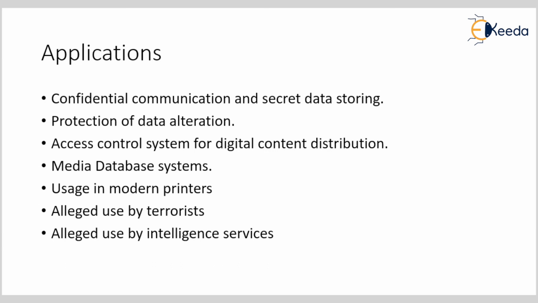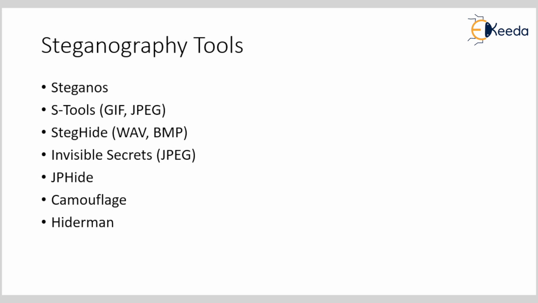And these are some of the steganography tools: Steganos, S-Tools for GIF and JPEG, Steghide for WAV and BMP, Invisible Secrets, which uses compression techniques for JPEG again, JPHide, Camouflage, and Hindermann. So these are the different steganography tools. If you are very keen on learning about these tools, you can Google them and get an idea of how they work with different formats of images and text.